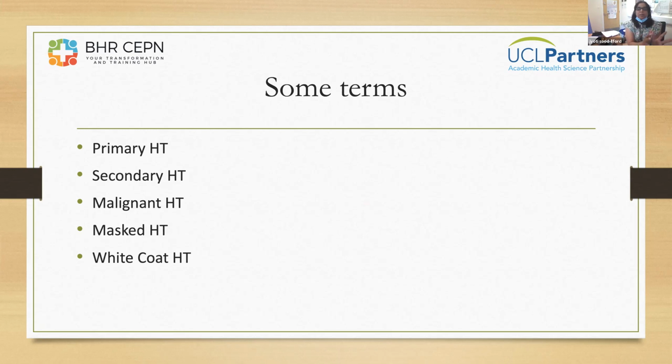So just for you to understand these terms, and most patients, 90%, have primary hypertension. That means there's no secondary reason for it. They've just got high blood pressure because of a strong family history or a genetic predisposition, etc. 10% are secondary hypertension.